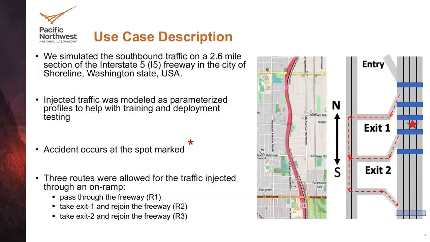So a quick description of the test case. Our focus is on a 2.5 mile section of the Interstate 5 freeway in the city of Shoreline, Washington, pretty close to Seattle on the West Coast.